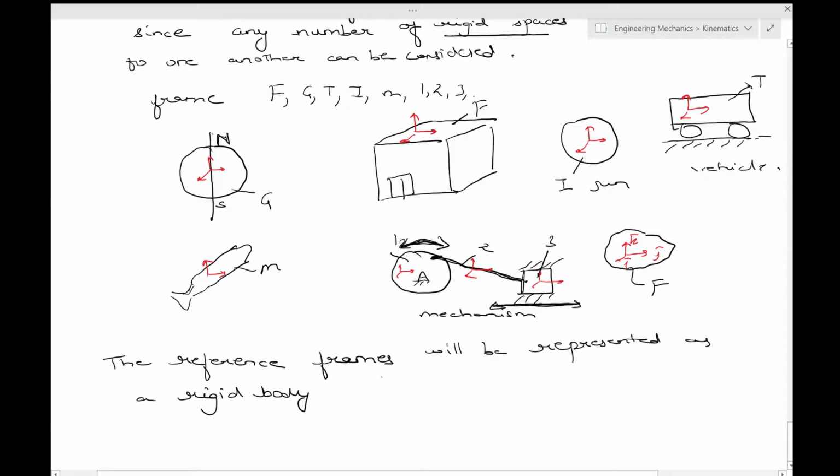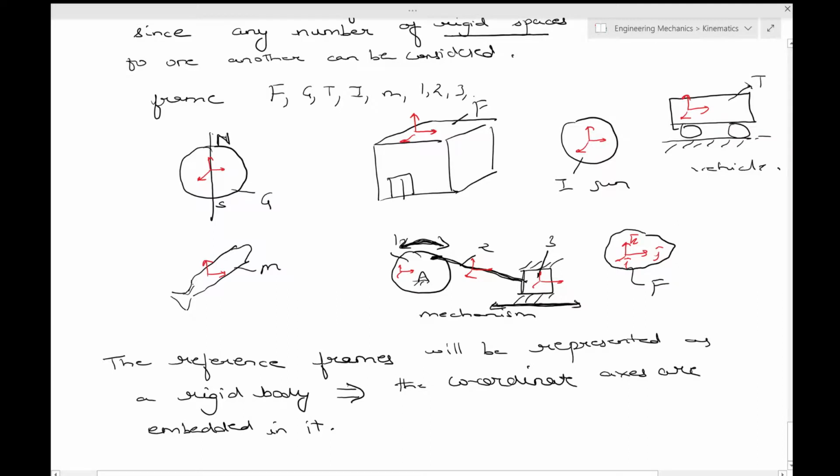What would it mean? That the coordinate axes are embedded in it, meaning the rigid body.